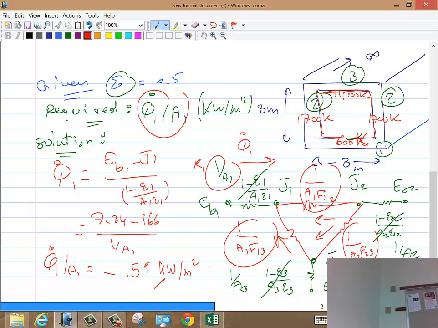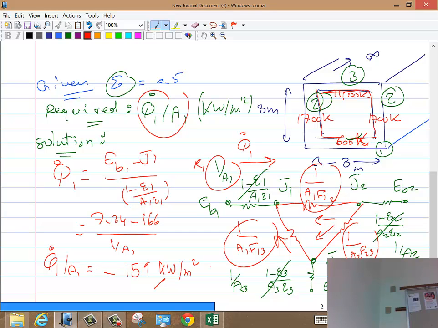So, just like in conduction, the Q is the delta T divided by the R. In radiation, the heat transfer is the black body radiation minus the radiosity divided by the surface resistance. So this is what he would have radiated if he was a black body. He's not.